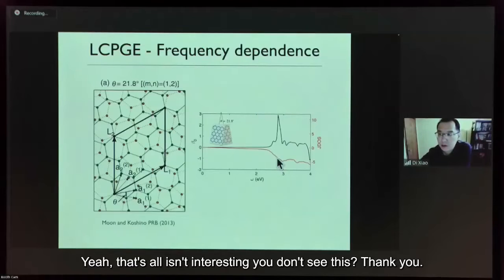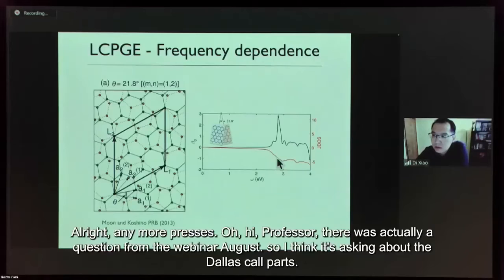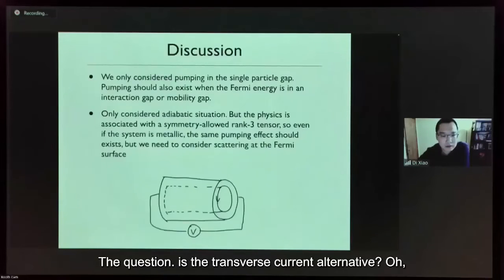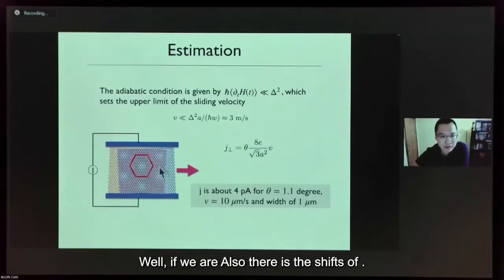Okay. Any more questions? Hi, Professor. There was a question from the webinar audience about the Thouless pump part. The question is: is the transverse current oscillating? Well, if you oscillate the shift velocity, then the transverse current would start oscillating.